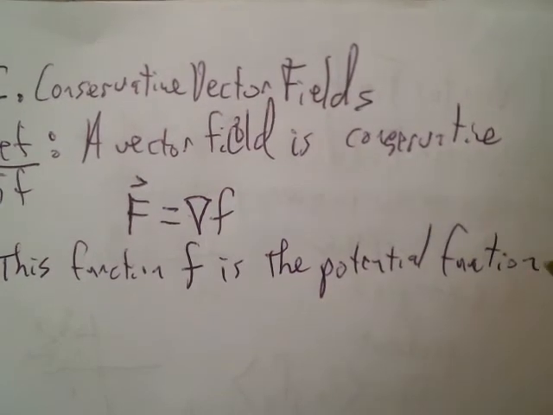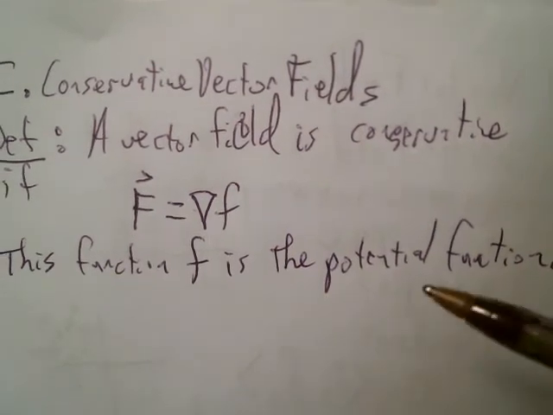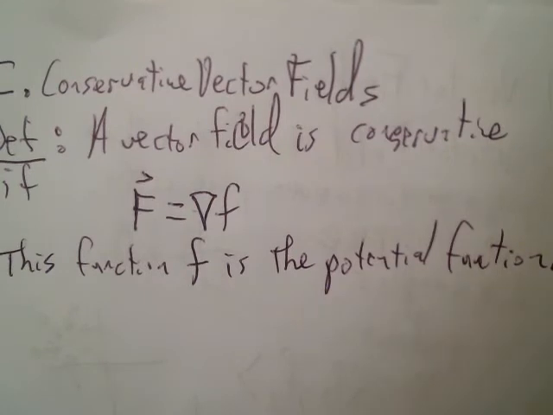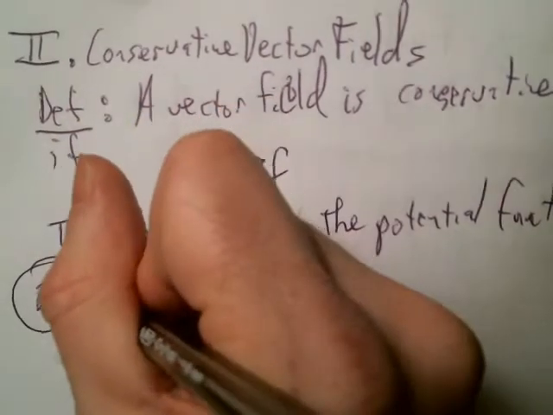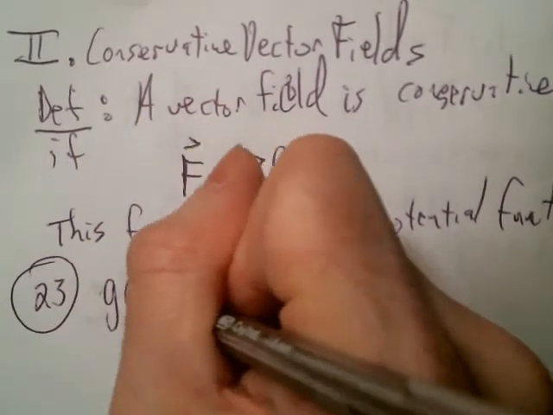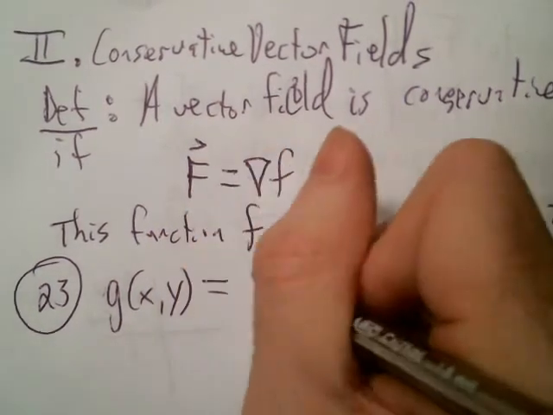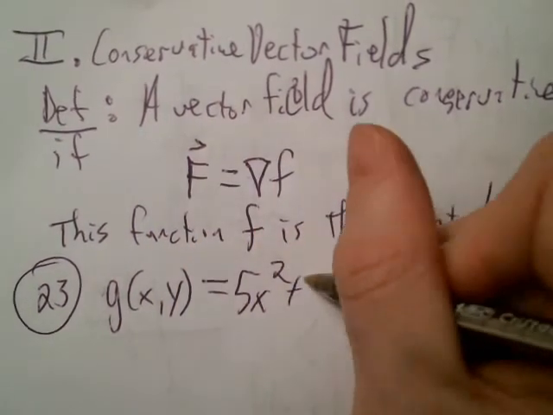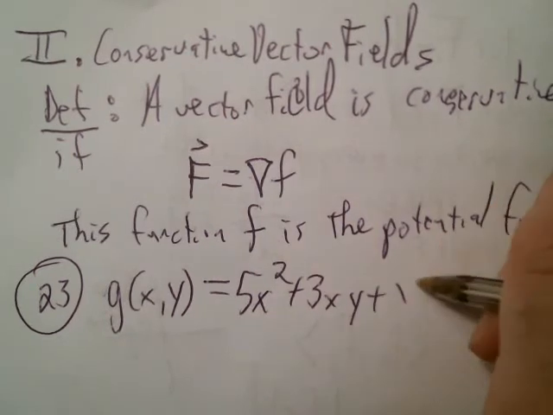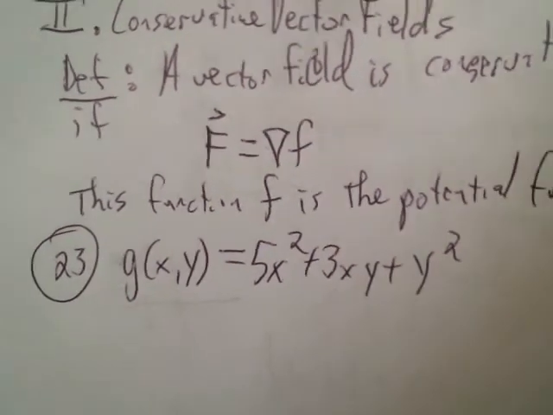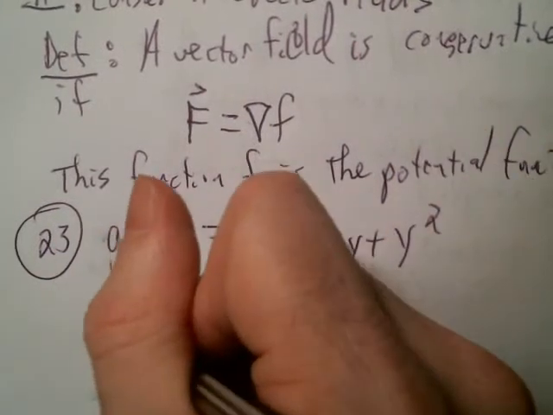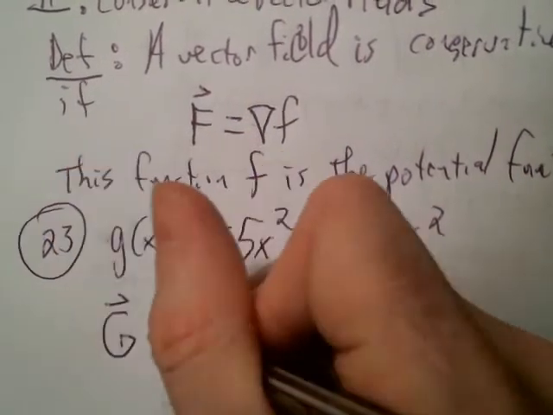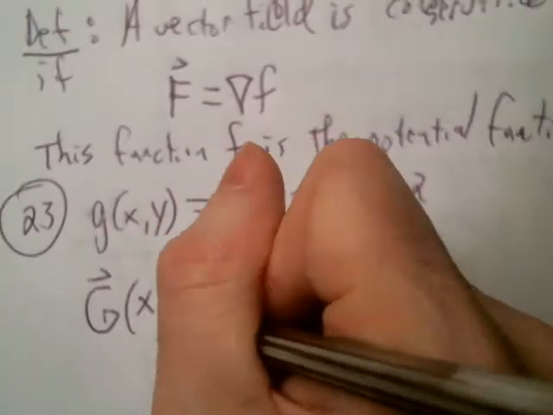Okay, so if you're given a potential function, in order to get a vector field out of it, you just take the gradient. So some of the questions in the homework, like 23, will ask you to do that. So here they give you a potential function 5x squared plus 3xy plus y squared, and they want you to get the vector field that's associated with it. So all you got to do is get the gradient for it, but we're going to write it as if it was a vector field.